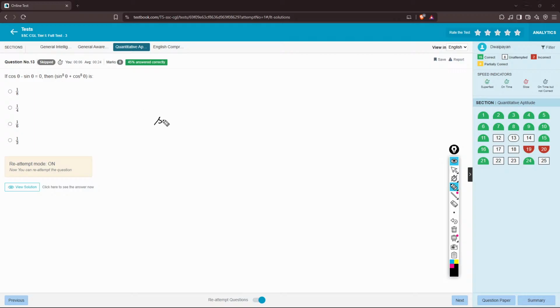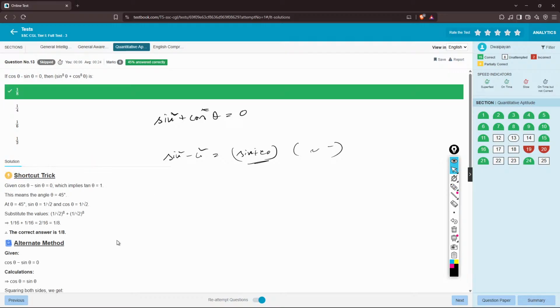Okay, sine square plus cos square is 1, and sine square minus cos square equals sine plus cos into sine minus cos. So this part is also going to be, just see the solution.